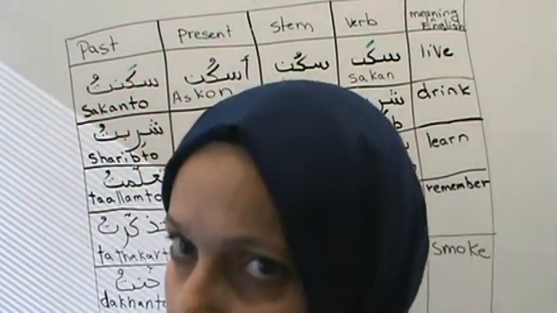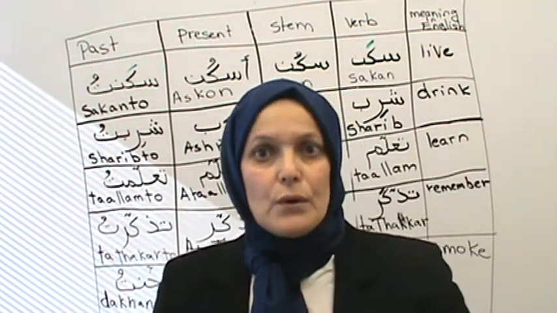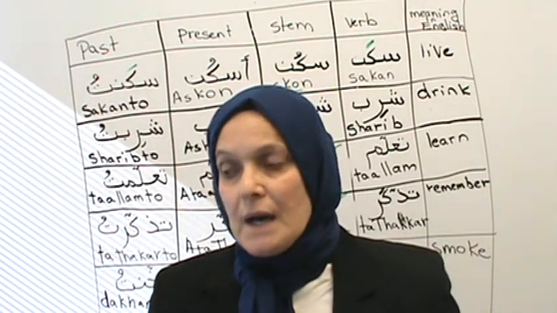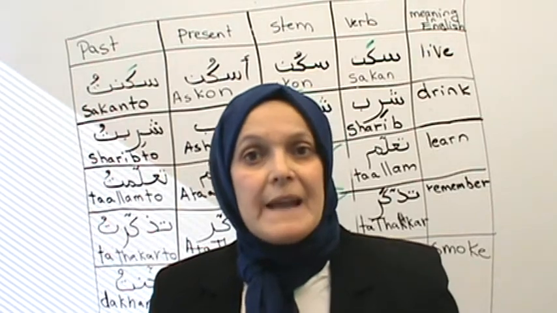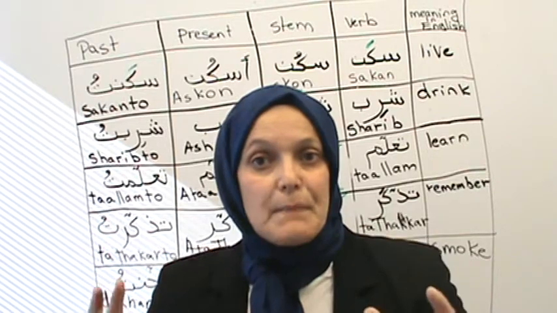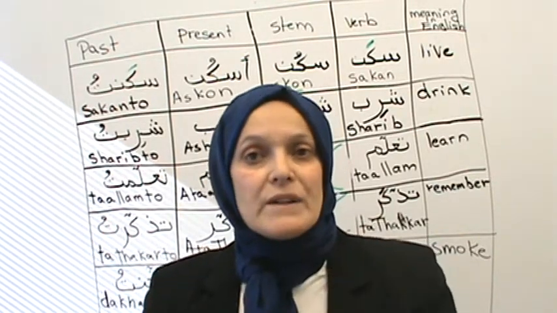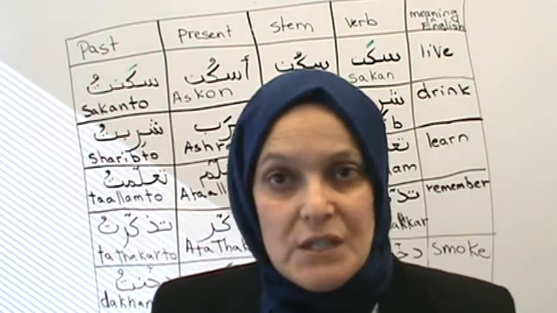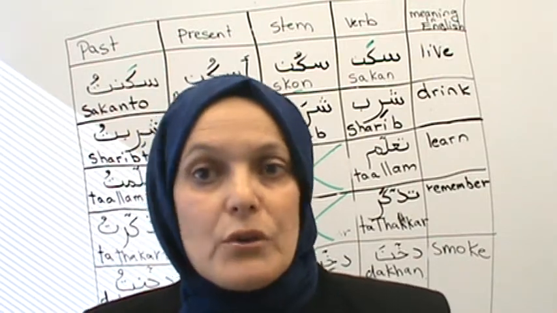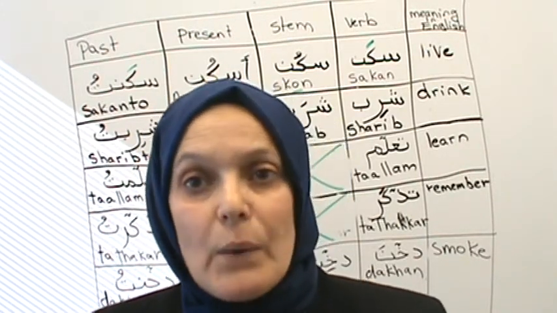I see that the viewers who viewed my video from yesterday, I had a very nice comment, and it's kind of a summary of my previous video about the conjugation. So I want you now to work on your pronunciation, work on mastering the verb. When you say ana askun, not ana askan or ana skin, I want you to be sure.